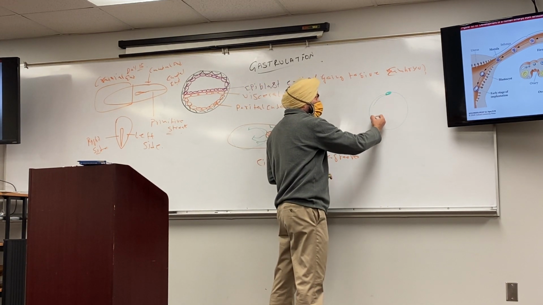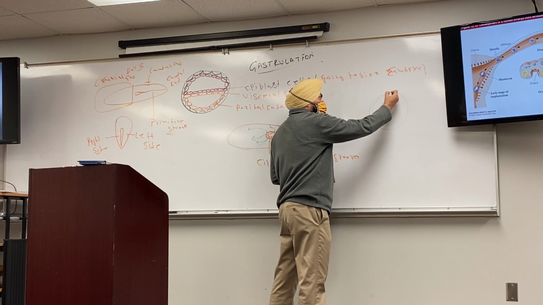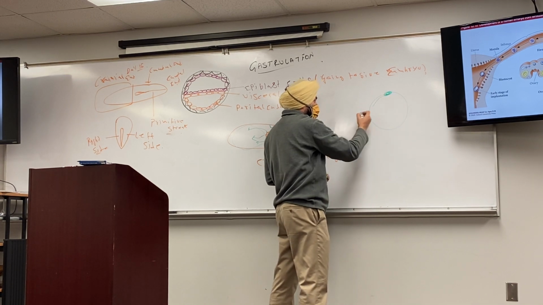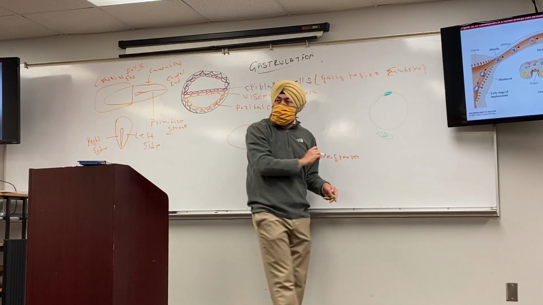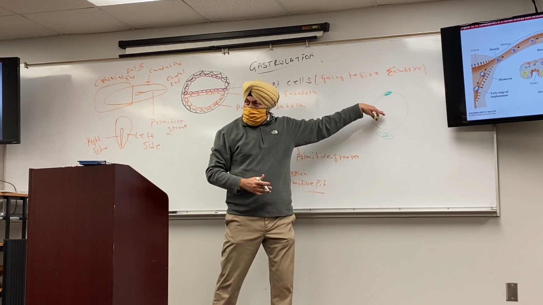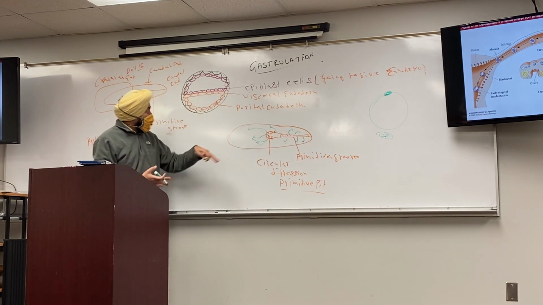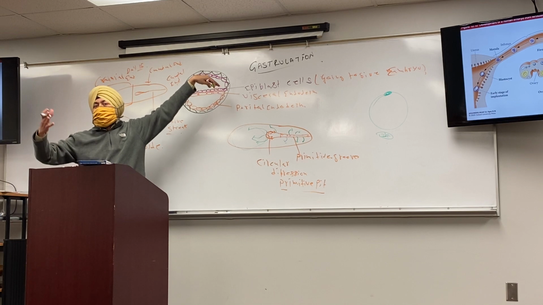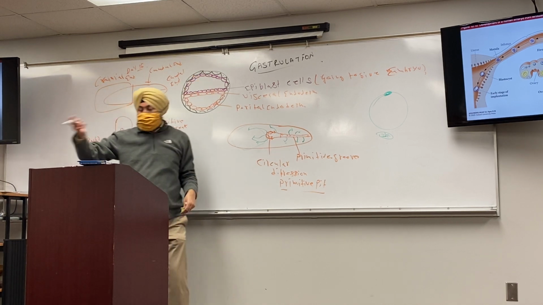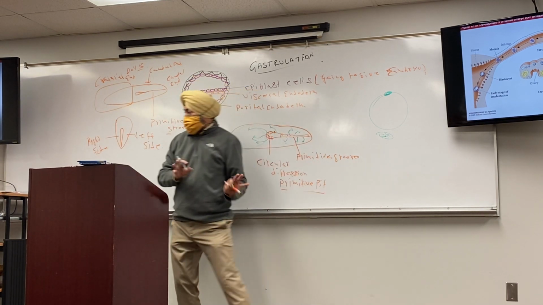Right here is all yolk. This is the only area where it starts developing from, from the top, because there is yolk. But we don't have any yolk, but we still do the same thing. And that's why we do the hatching also, right? So this is okay. Then what happens?